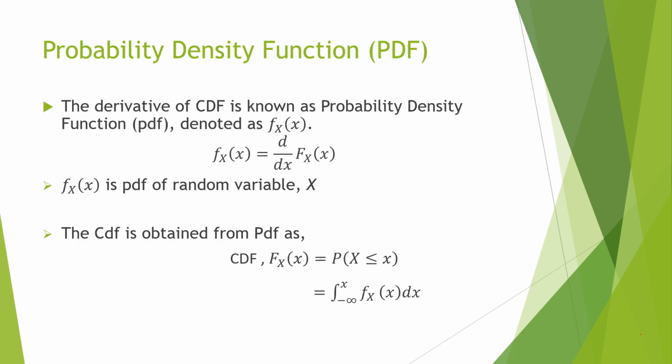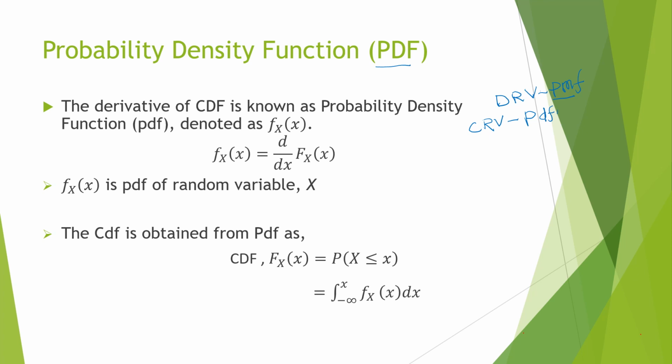Probability density function, PDF. For discrete random variables, we have seen the PMF, that is, the probability mass function. For continuous random variables, we take the PDF, that is, the probability density function. What is the probability density function?